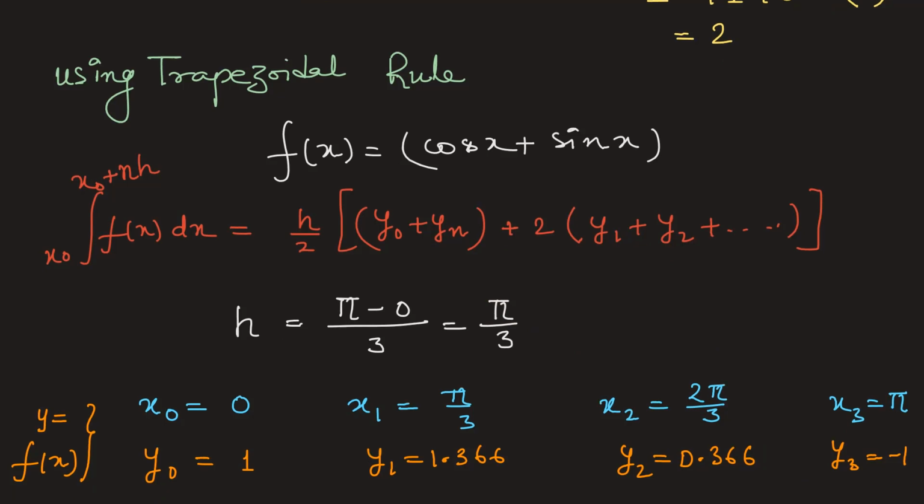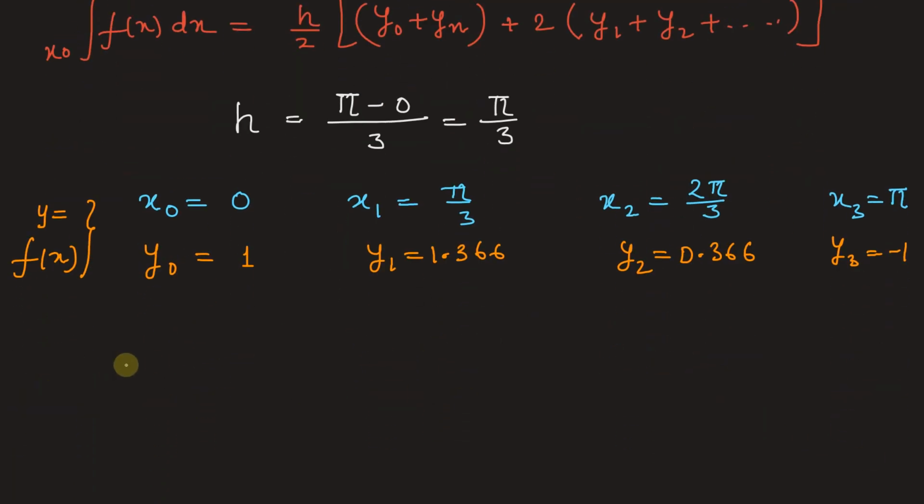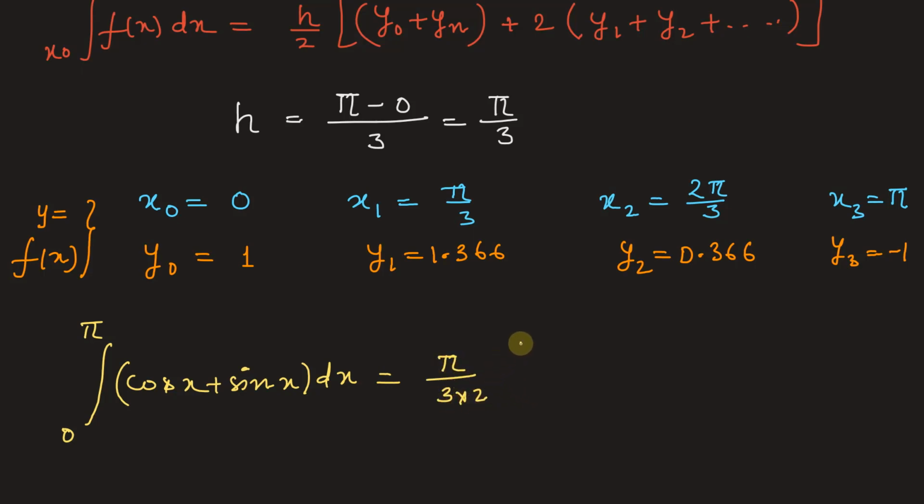Now let's use the trapezoidal rule of integration to find the value of this integral. So the integral from 0 to pi of (cos x plus sin x) dx using the trapezoidal rule will be h by 2, which is pi by 3 by 2, so pi by 6, multiplied by y naught plus yn, so y naught is 1 plus yn, the maximum value of n is 3, so this will be minus 1, plus 2 times (1.366 plus 0.366).